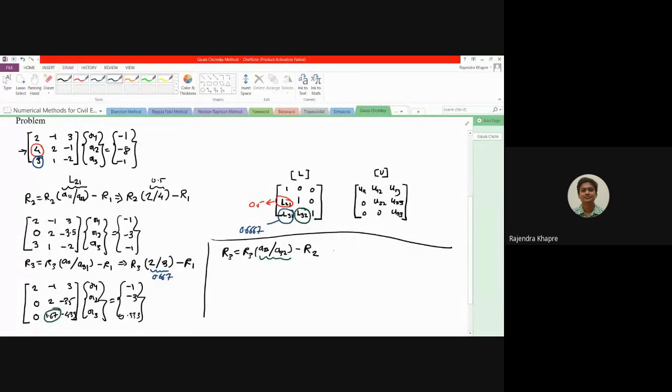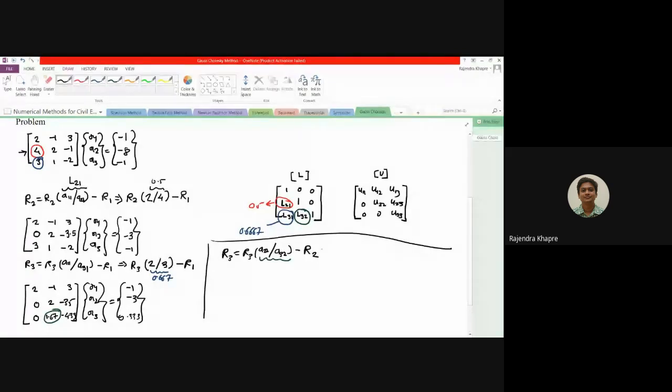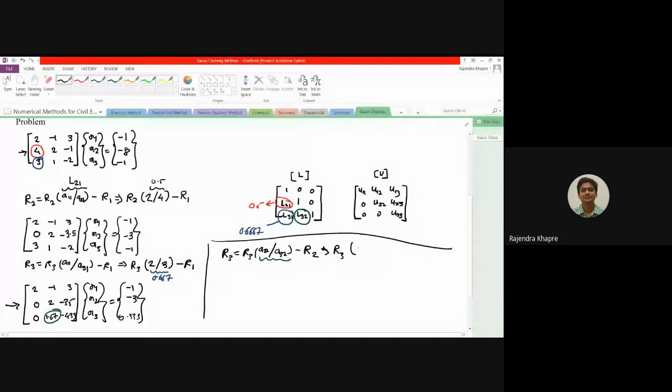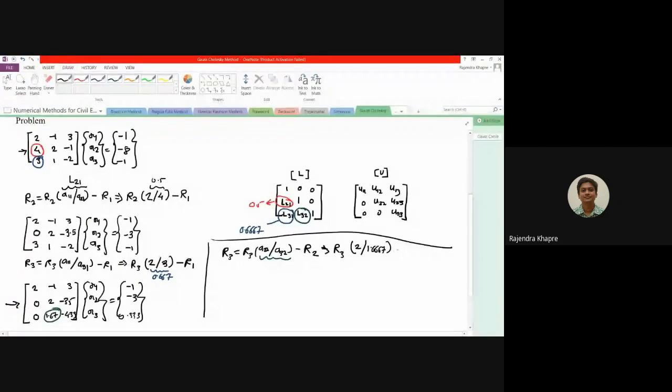If you write these values over here, this is nothing but R3 into A22. I have to refer to this matrix, because this is the latest one. So this A22 is basically 2 divided by 1.6667, minus R2. ये कितना आता है? 2 divided by 1.666.